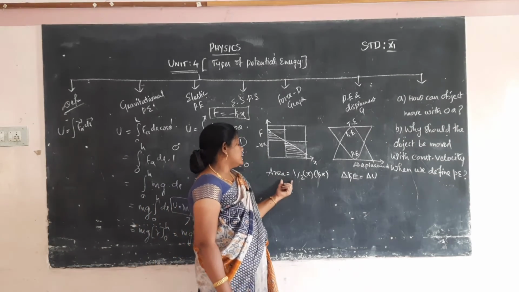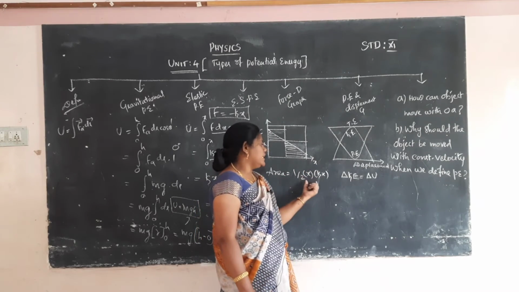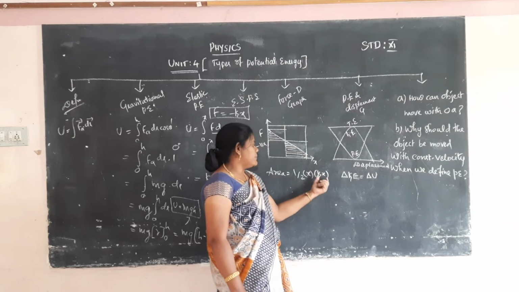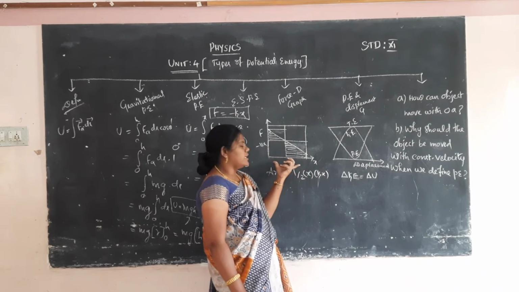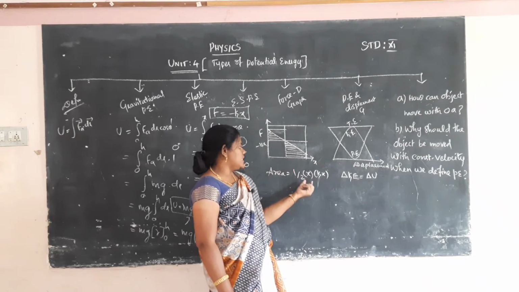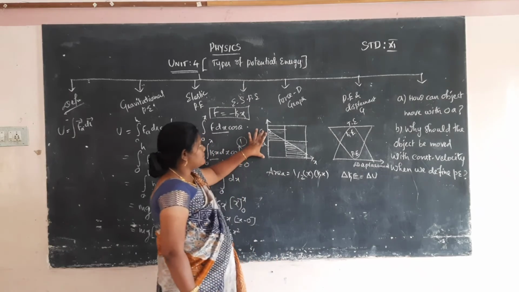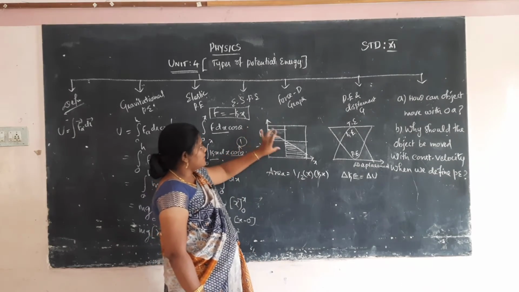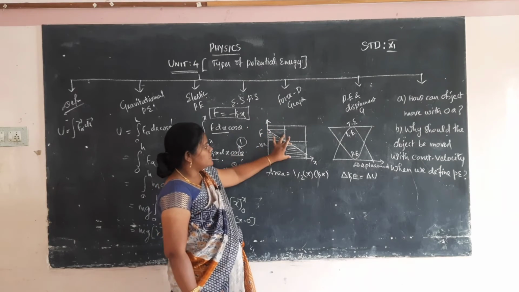The area of the triangle formula is half into A into B, half into base into height. So half into the covering distance, that is x, and then the height, that is kx. This is one triangle and this is one triangle. We want to calculate the area of this triangle and the area of this triangle.